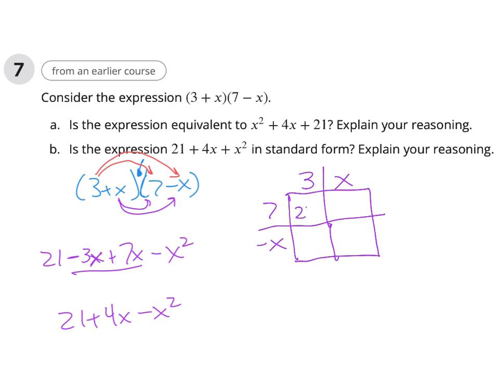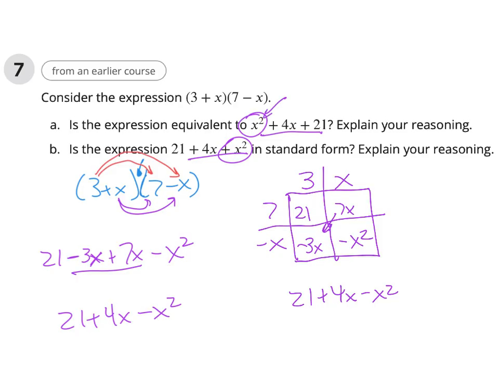And let's do it on the box. We get 21, 7x, minus 3x, minus x squared. You get the same thing, 21 plus 4x minus x squared. It's not written properly, but we'll worry about that later. Are these the same as the other ones? It's not the same as this. It's not the same as this. Negative x squared and positive x squared are not the same thing.